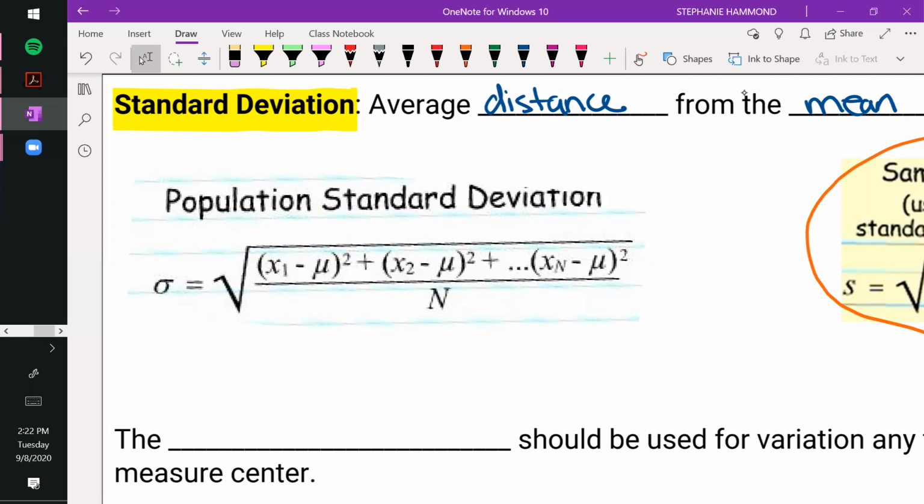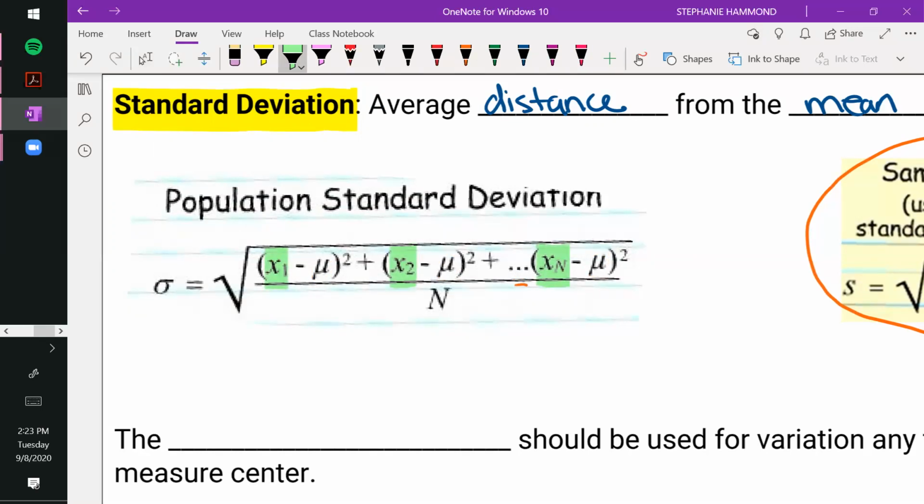So, as I said, standard deviation is the average distance from the mean. So what we have in here, quick review, all of these mu's are the mean itself. That's the mean, that's the mean, that's the mean. And this dot, dot, dot here means that there's more in here than just those 3 differences. The x is in here, x sub 1, x sub 2, x sub n.